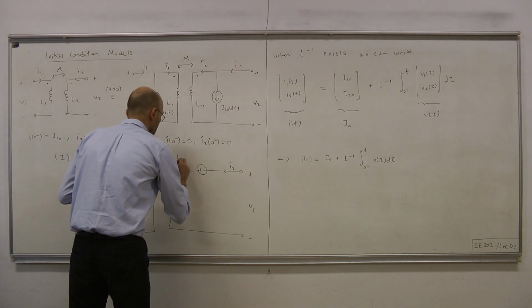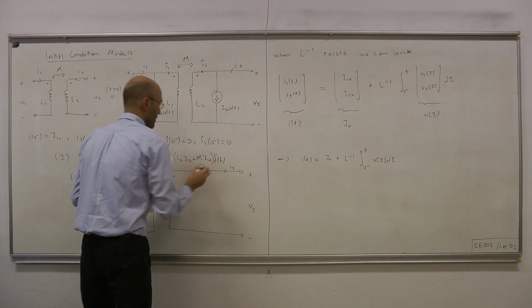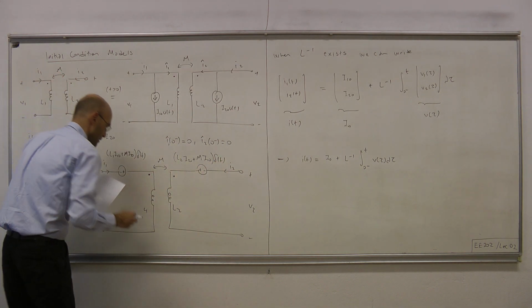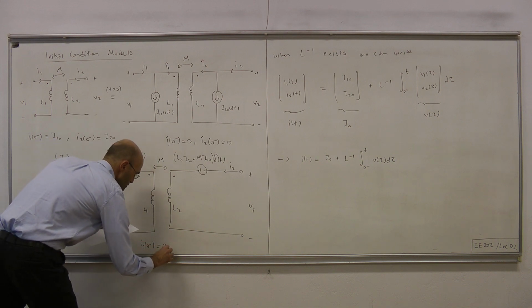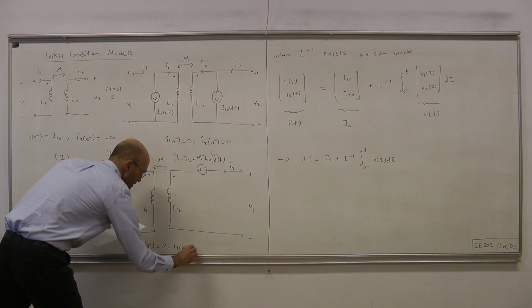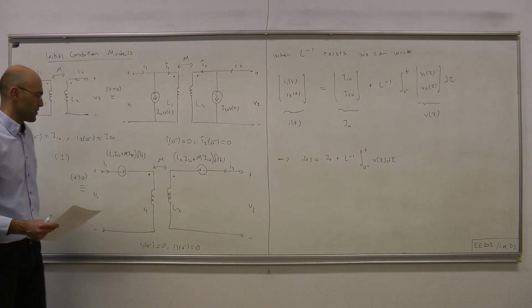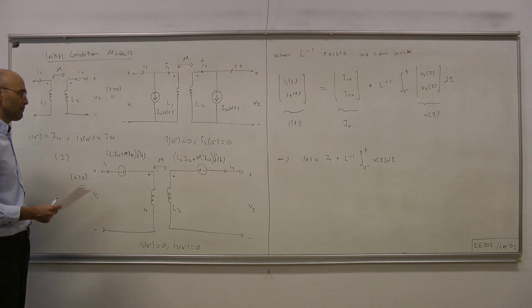And here we have (L2 I2(0) plus M I1(0)) multiplied by delta(t). Here I1(0 minus) equals 0 and I2(0 minus) equals 0, so initially those two inductors are without any energy, without any current.